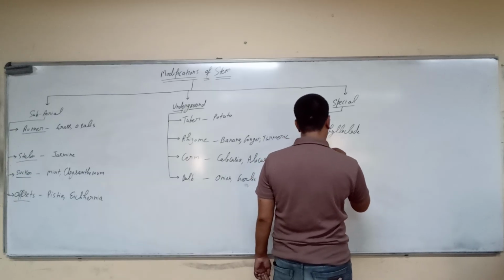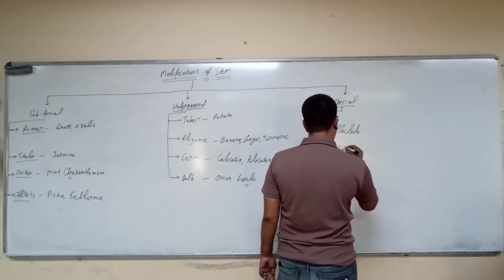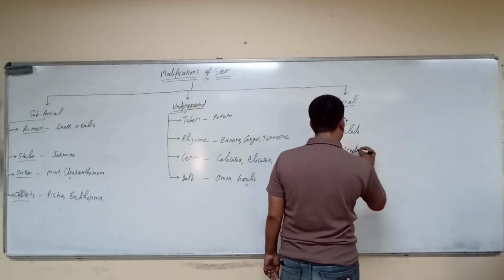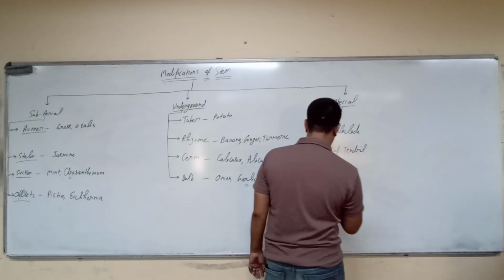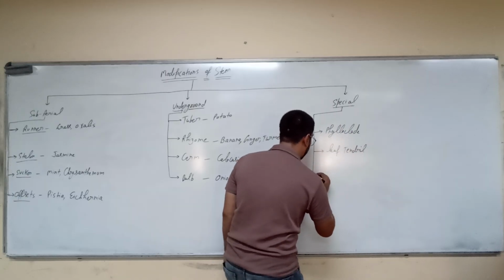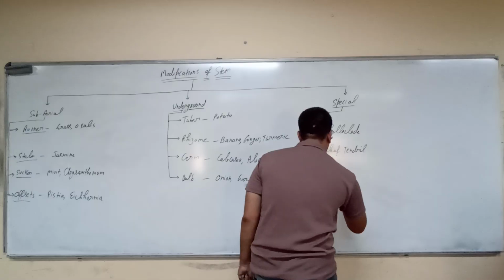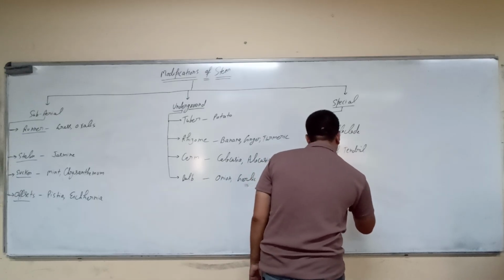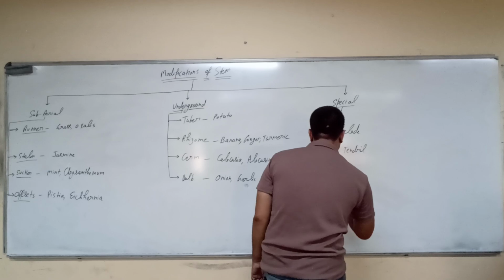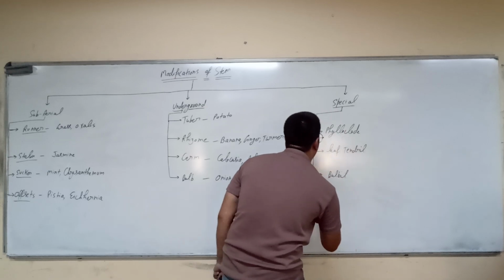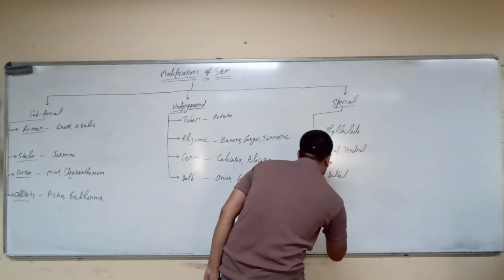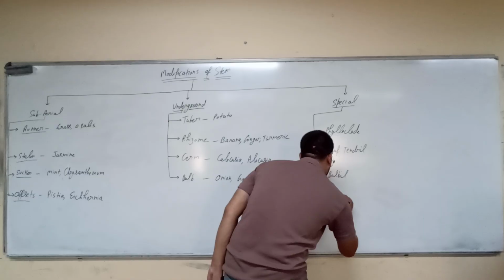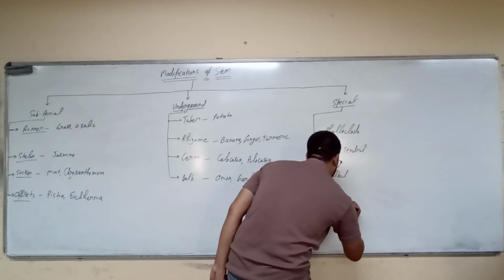Second one is leaf tendril. Next one is bulbil. And next one is cladode.